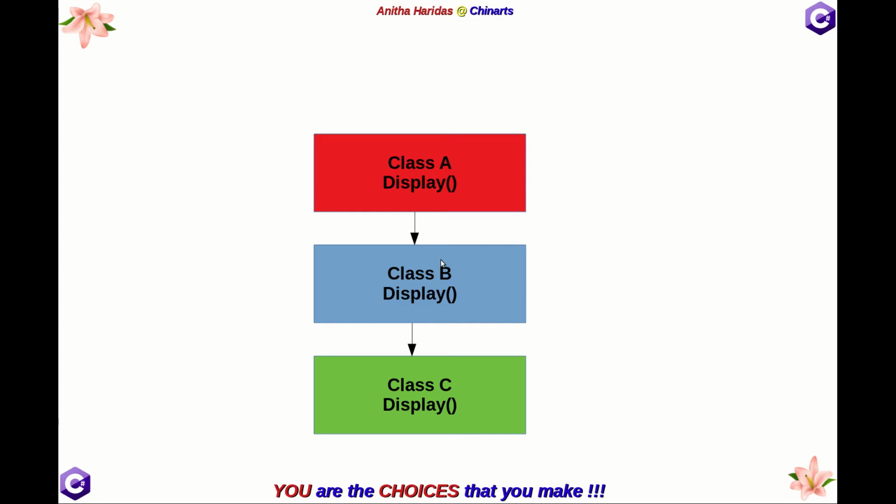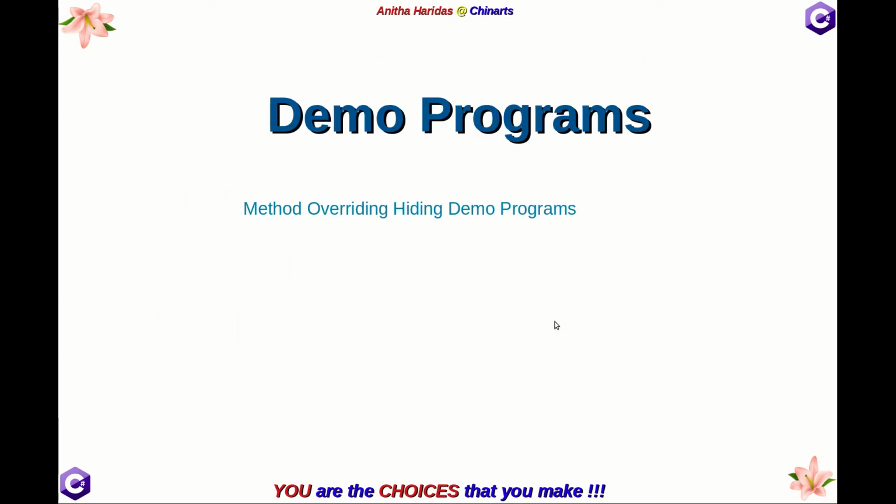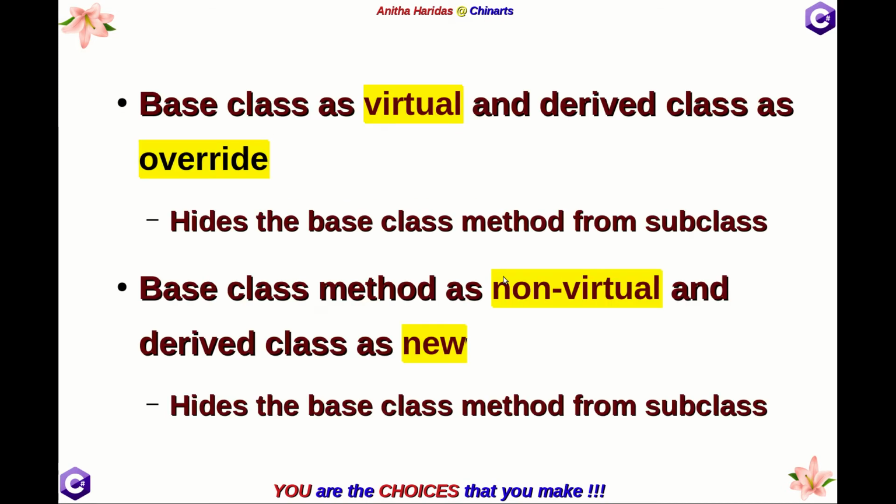So we have discussed how overriding can be implemented with some demo programs. These are the points that we have to note here. Base class as virtual and derived class as override will be hiding the base class method from the subclass.